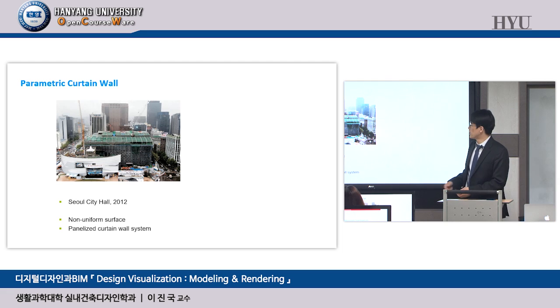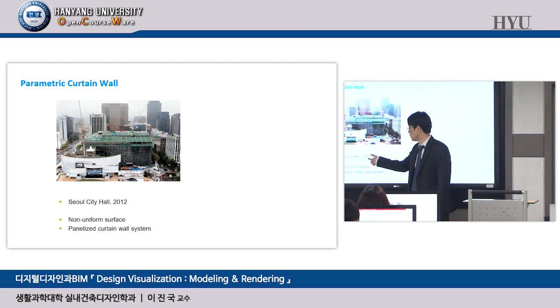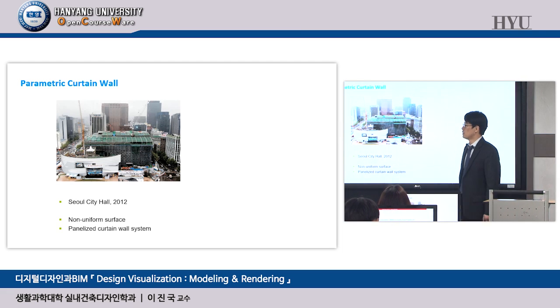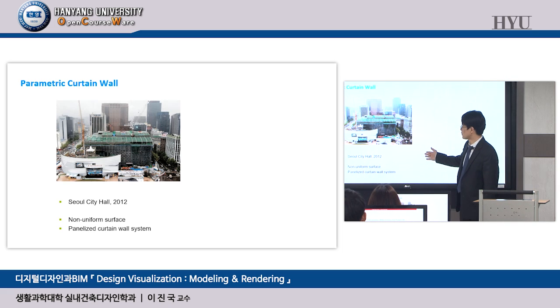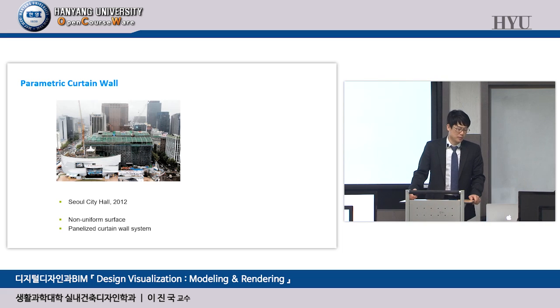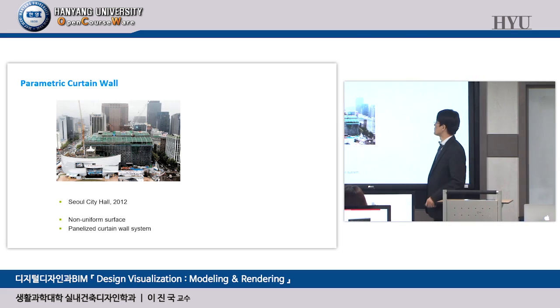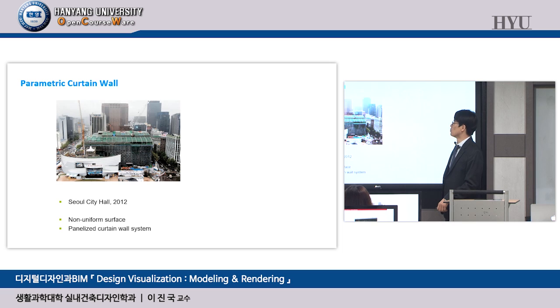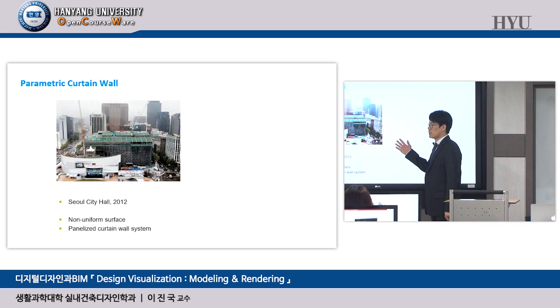For example, this building, Seoul City Hall, was awarded one of the worst designs recently, okay? It's kind of a notorious award. I'm not sure of the award name, but anyway, it's very controversial.